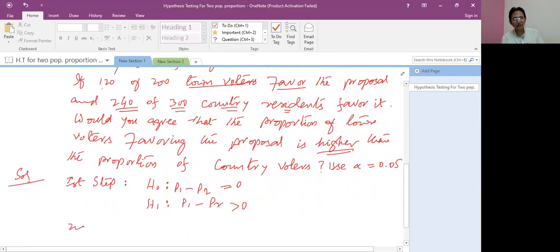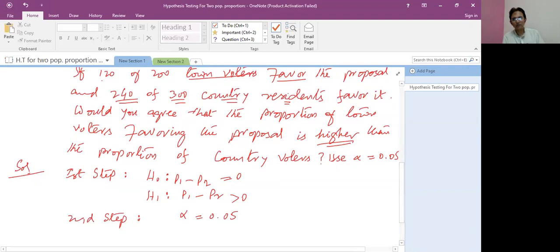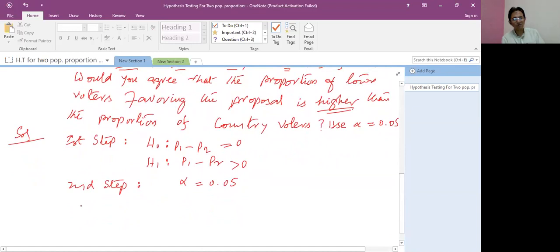Now the second step, alpha, you have been given 0.05 level of significance. The third step, t stats or Z stats. Here we are applying the Z test only.